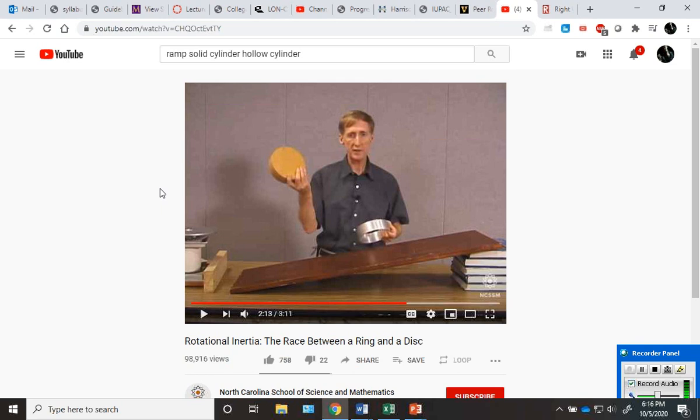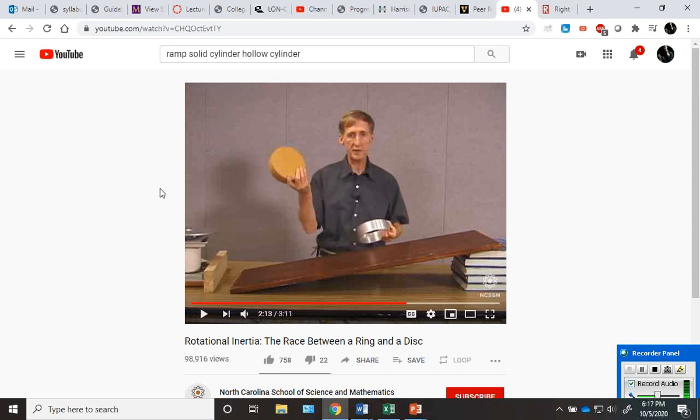If they have the same mass, they both lose the same amount of gravitational potential energy. And they both gain the same amount of kinetic energy. But that's total kinetic energy. Linear kinetic energy plus rotational kinetic energy. The higher the proportion that is linear kinetic energy, the faster it's moving, because that represents the motion of the center of mass.